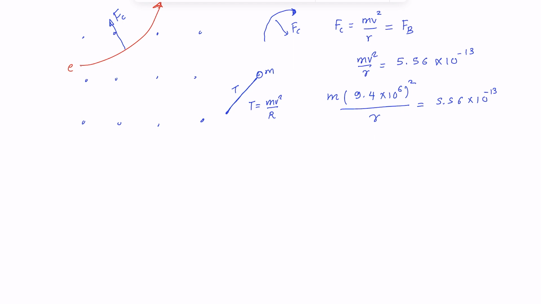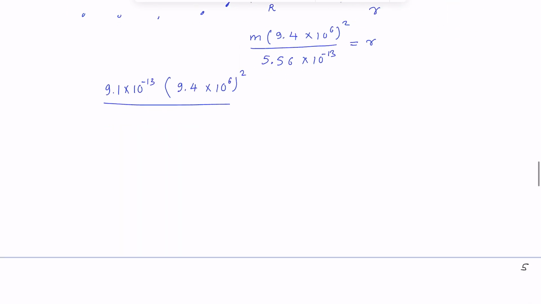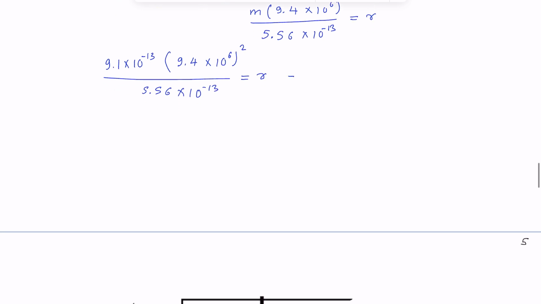If you multiply both sides by r and divide both sides by 5.56 times 10 to the minus 13, you'll get m times 9.4 times 10 to the 6 squared divided by 5.56 times 10 to the minus 13 equals r. The mass of the electron is 9.1 times 10 to the minus 31.